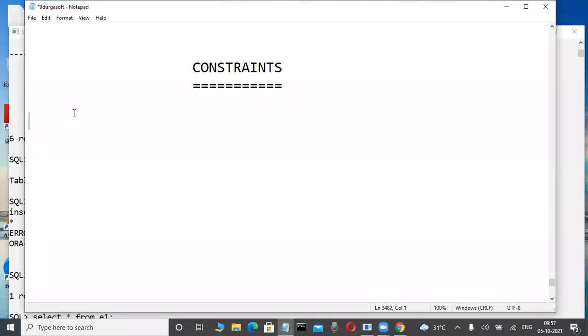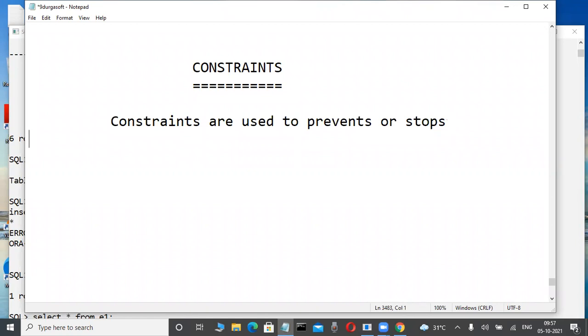First, write down some theory. Constraints are used to prevent or stop invalid data entry into our tables.